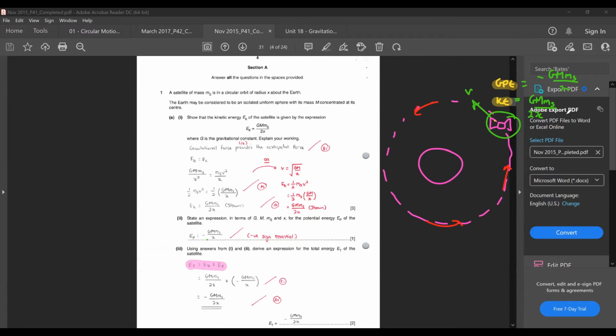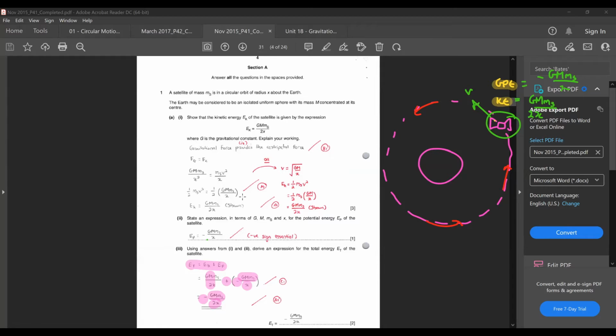So you add up the expressions that you have for both, you're going to get GMMs over 2X plus negative GMMs over X. So you simplify the algebra, you're going to get negative GMMs over 2X. Just like that. So that one should be fine.